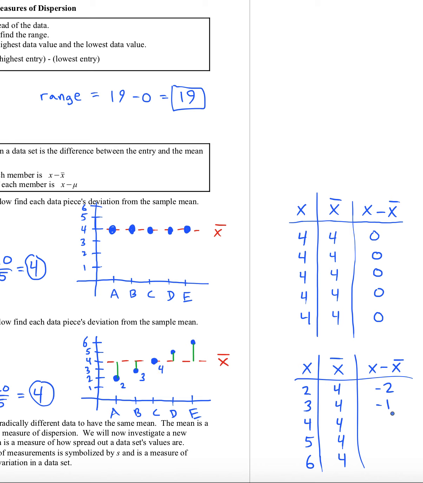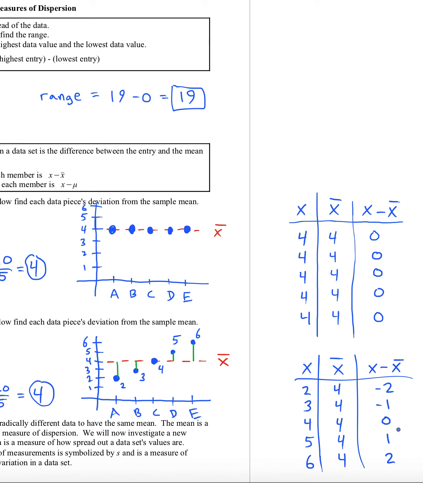This data piece is a 4, and it is equal to the mean, so the residual there is 0. Here we'll have a 5, so 5 minus 4 makes 1. It's positive, which means that the data piece is above the mean. And then 6 minus 4 gives us 2 units above the mean.